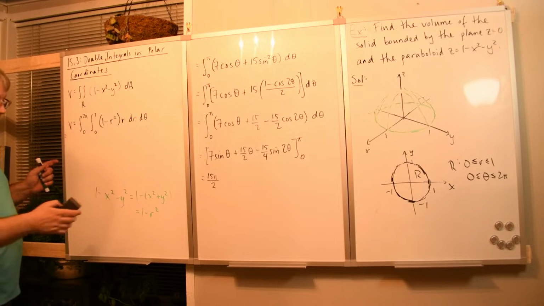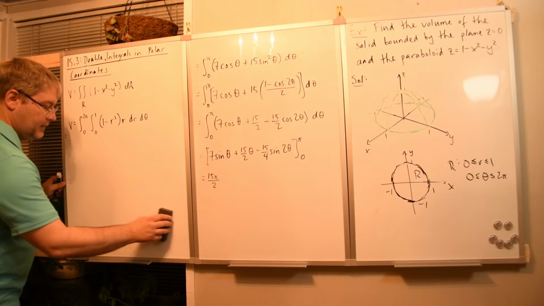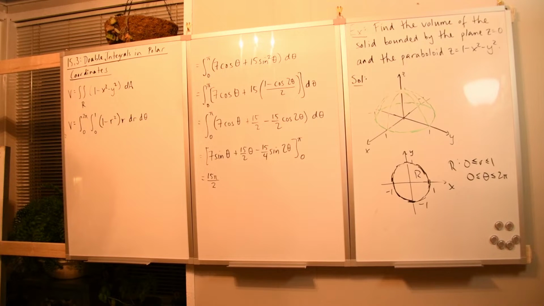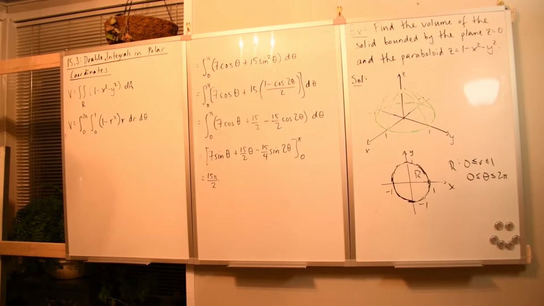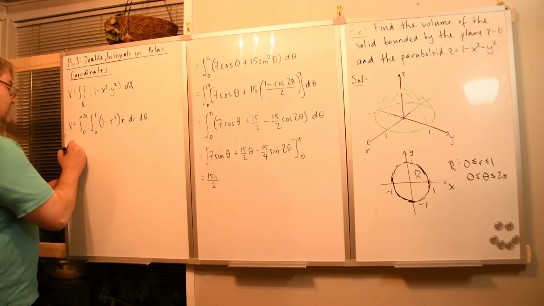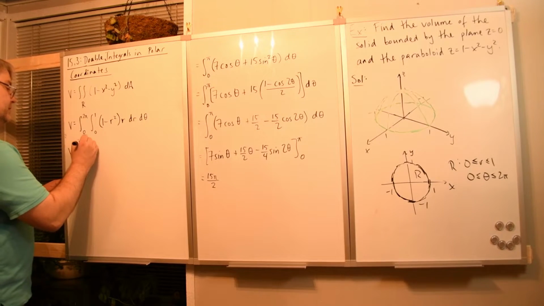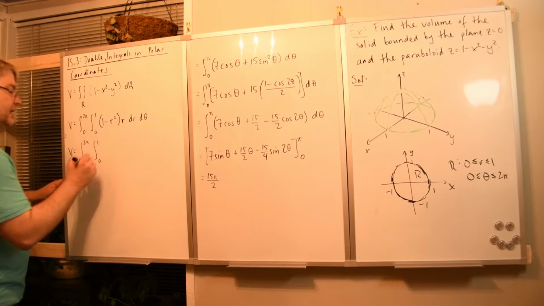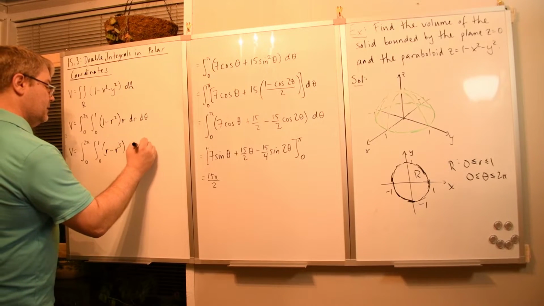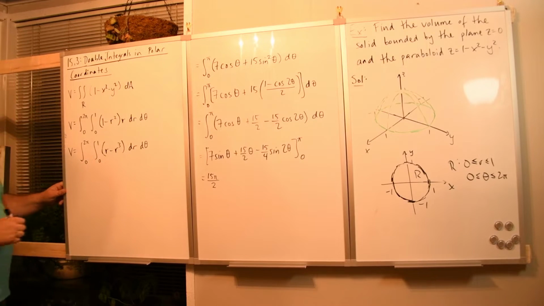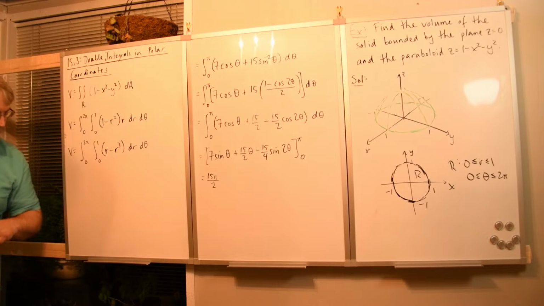So that works out really well in terms of polar coordinates. We can multiply through by the r here, and once again we'll have volume as the integral 0 to 2 pi on the outside, 0 to 1 on the inside, r minus r cubed, dr d theta. We have to integrate with respect to r on the inside.